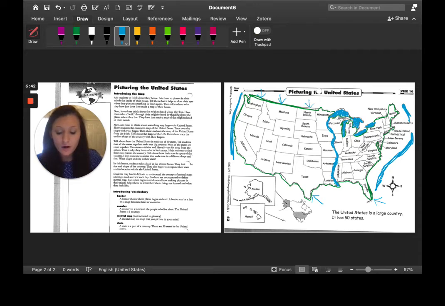And then we also have 2 more states, which are Alaska and Hawaii. Because we don't want to forget about those, let's go in and just do an outline of these states.